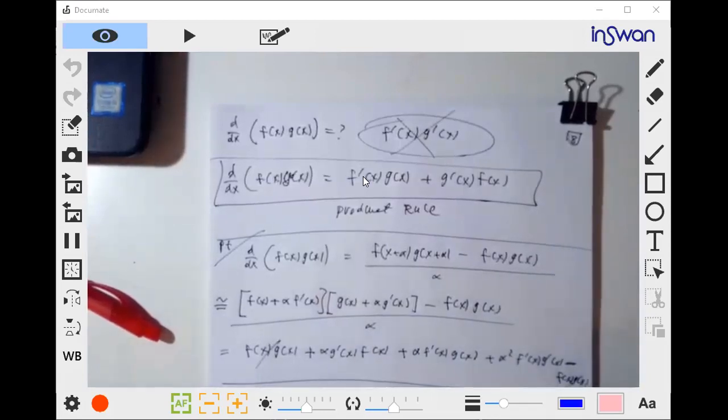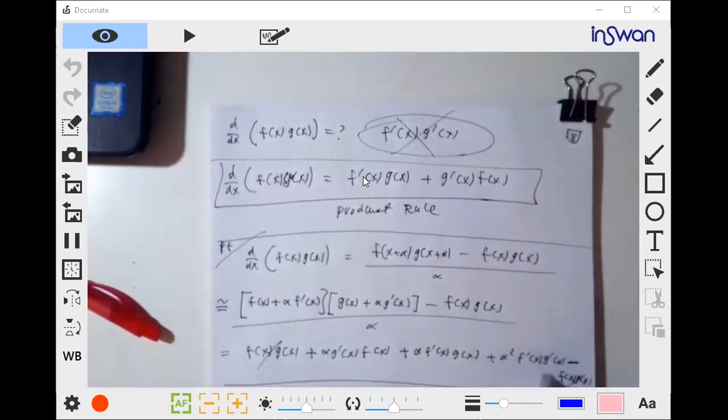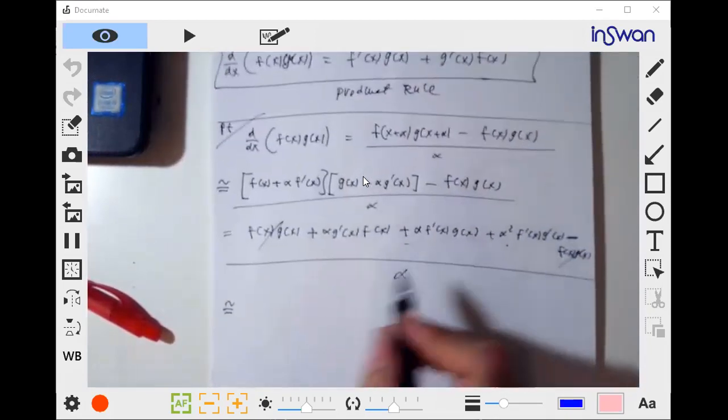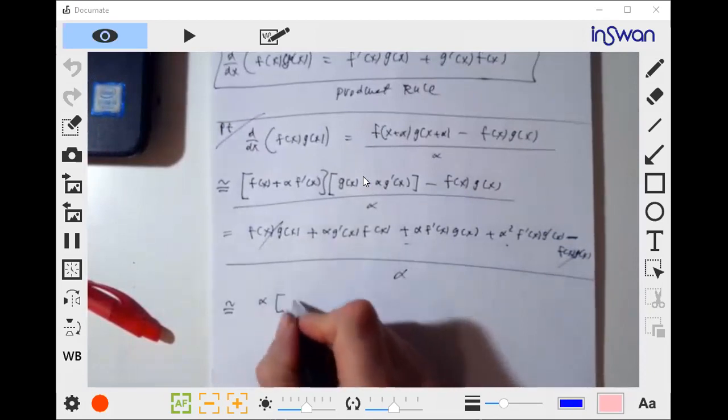So the f of x, g of x terms with the minus sign go away. Then we have these two terms here. Notice that this is on a lower level than these guys, so we can approximate it away and factor out an alpha. So this is what we get.